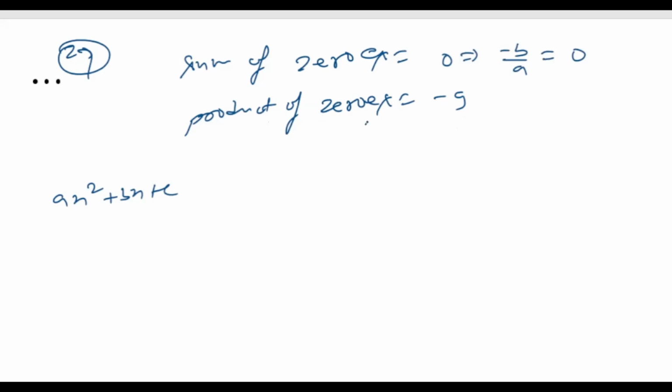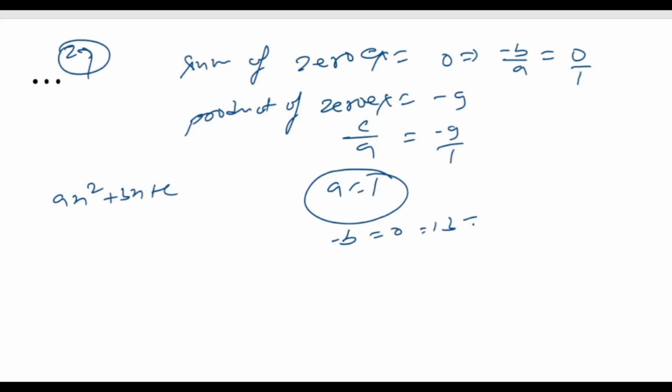The product of zeros is c by a, so c by a is equal to -9. Here we can also say the denominator is 1, so a is equal to 1. If a is equal to 1, minus b is equal to 0, which implies that b is equal to 0, and c is equal to -9.